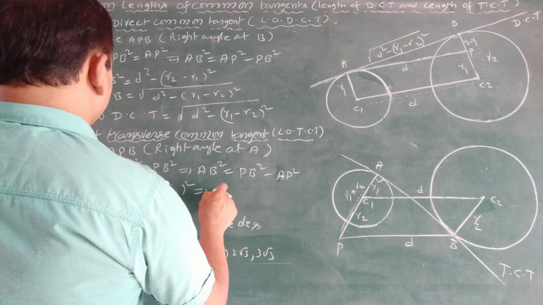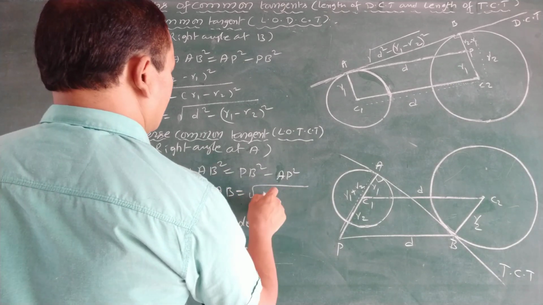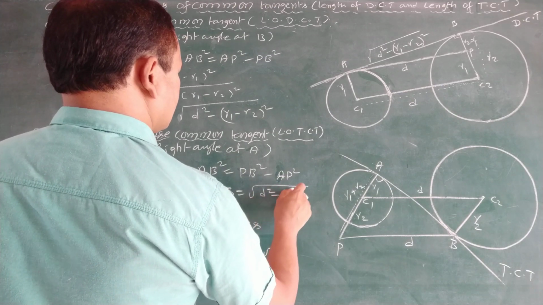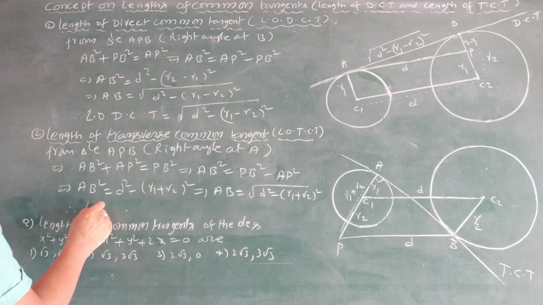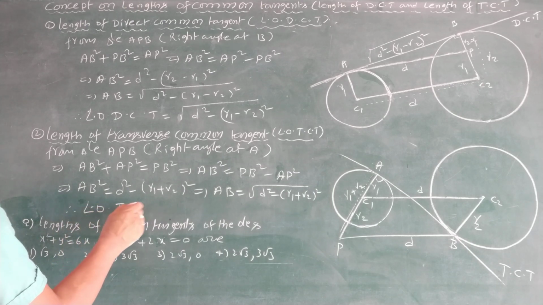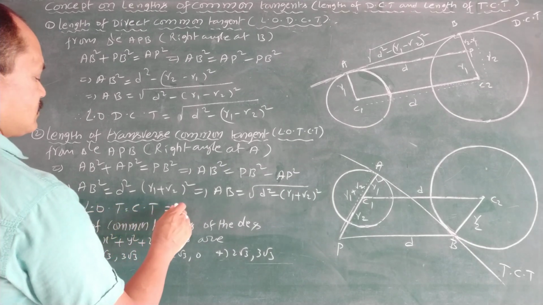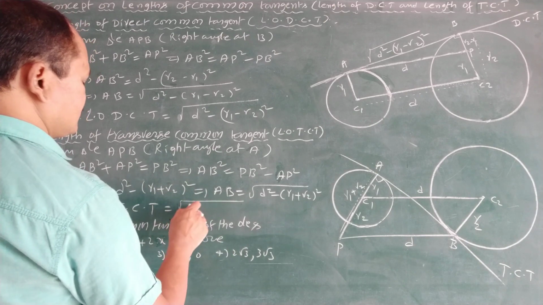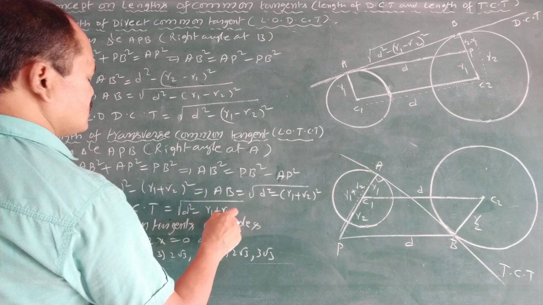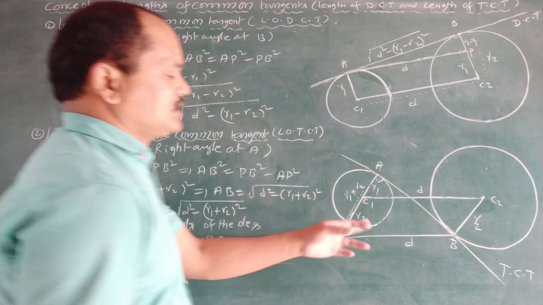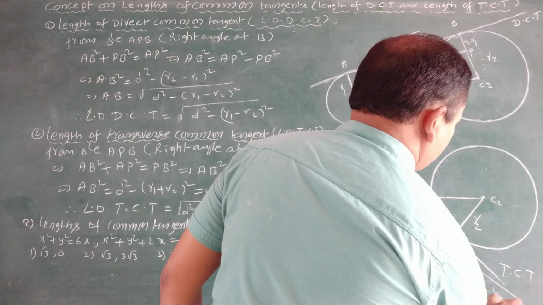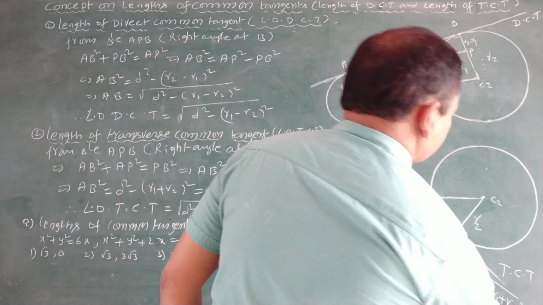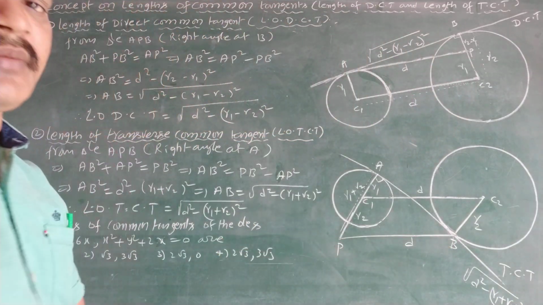That's why AB is equal to square root of D square minus (R1 plus R2) whole square. Therefore, the length of transverse common tangent is equal to square root of D square minus (R1 plus R2) whole square.